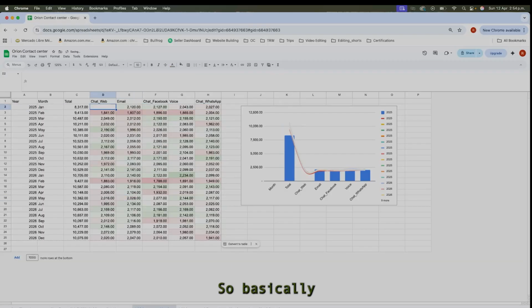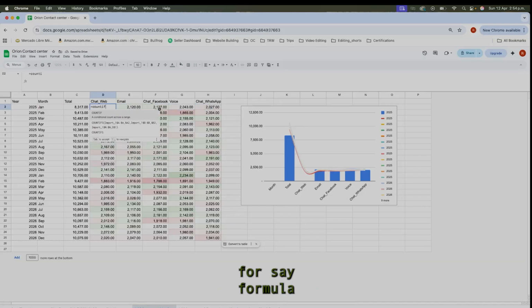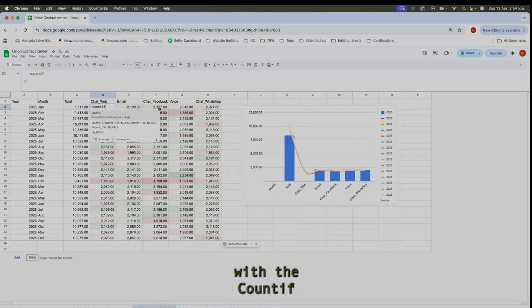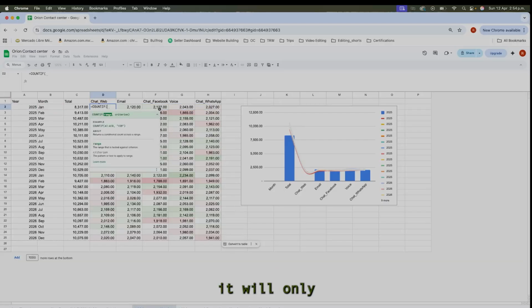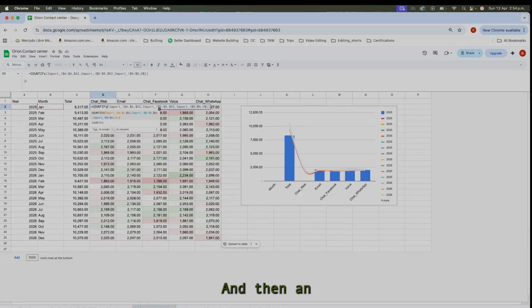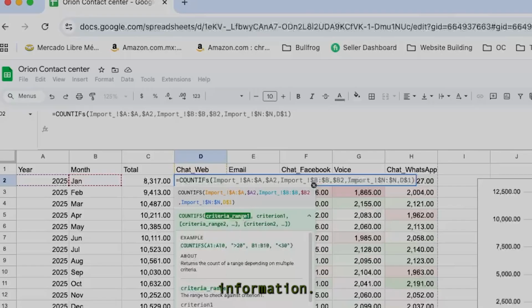We are gonna use the COUNTIFS formula. I recommend you always use the multiple criteria one, because if you start with the normal COUNTIF, it will only let you count one criterion. You don't know if later you are gonna need to add an additional layer of information. That's why I recommend always using COUNTIFS.